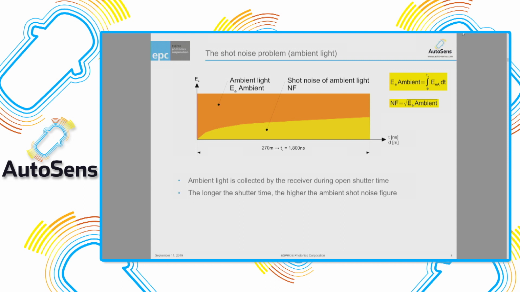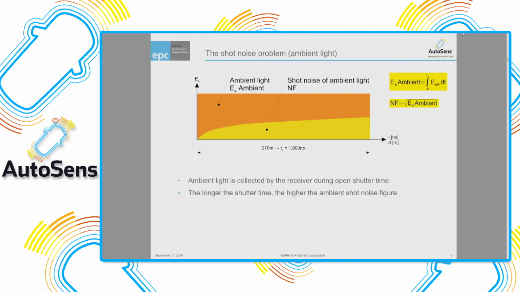The shot noise is calculated here under this line area. This is the integral of the total number of ambient light photons, and then the square root of that. So the square root of the ambient light photons is the shot noise.